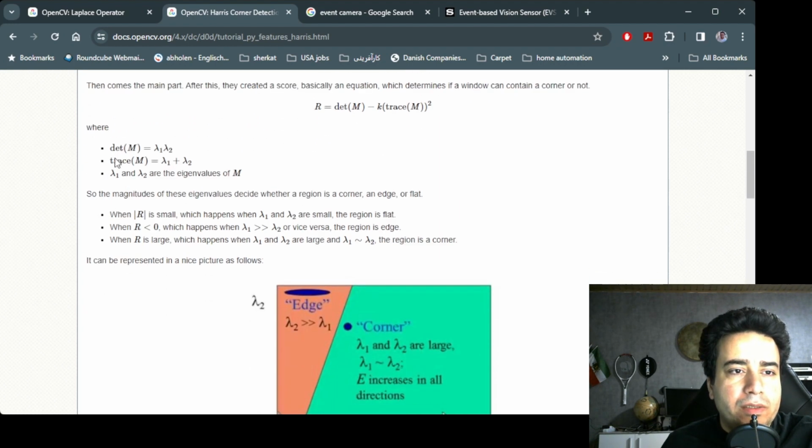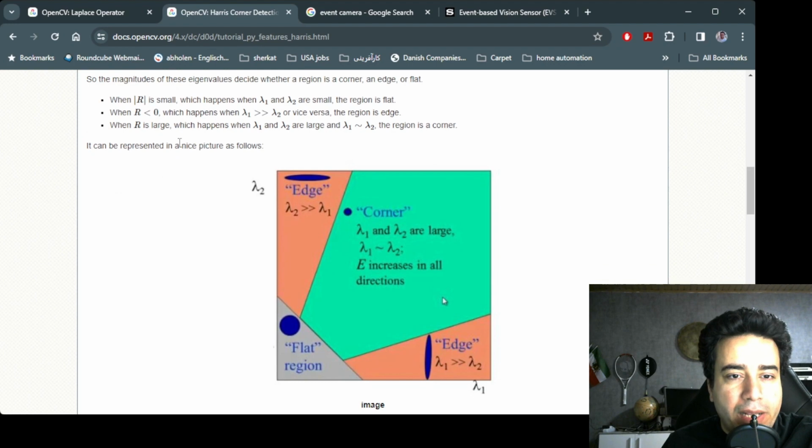So this is the determinant of M and the trace of M, and lambda 1 and lambda 2 are the eigenvalues of M. And basically they explain in what situation what happens. For example, if lambda 2 is much bigger than lambda 1, it is basically an edge.